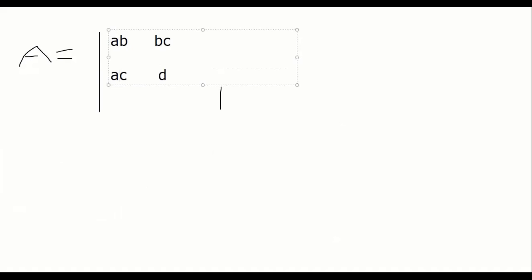Okay, so my determinant A is given by, I'll write something, because it doesn't matter what I'm writing here. AB, BC, AC, D. Something I wrote.